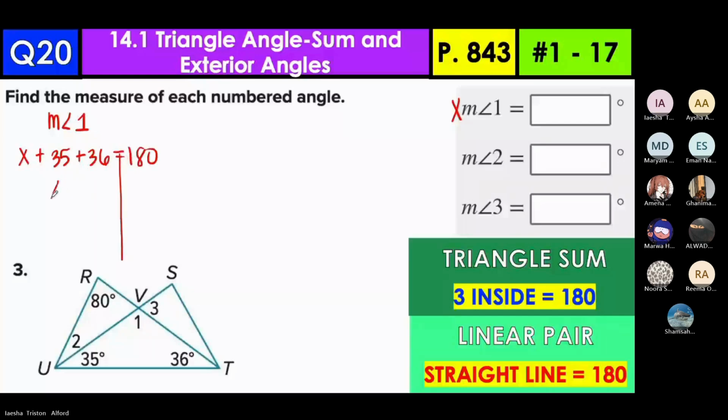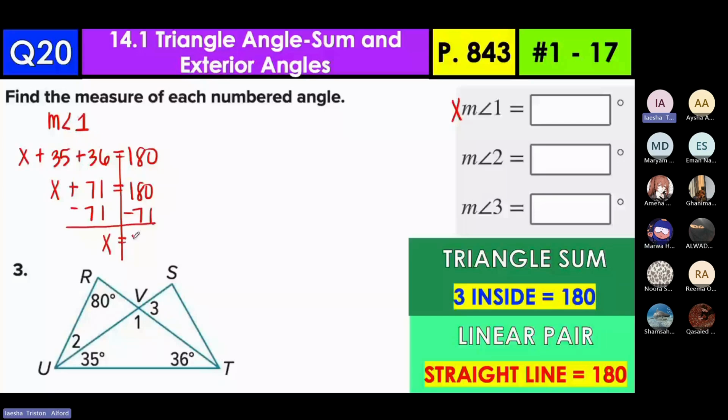Clean it. So x plus 71 equal 180. Subtract 71 from both sides. X is 109. So put it back in your picture.